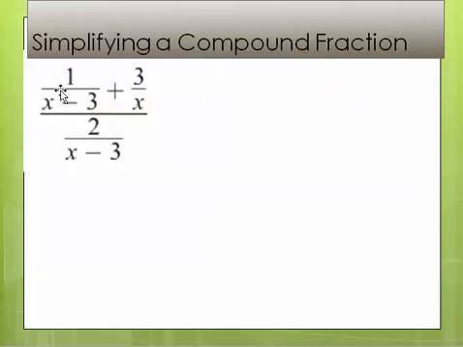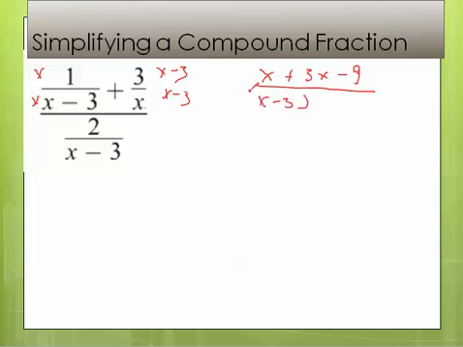Okay, we're getting just a little bit harder every time. Let's try this one. Okay, I've got 3 minus 1 over x in the numerator. I've got to get a common denominator. That means I've got to multiply by x on this one, and x minus 3 on this one, expressing them both as 1, right? And that gives me 3x plus x minus 9, divided by x minus 3 times x.